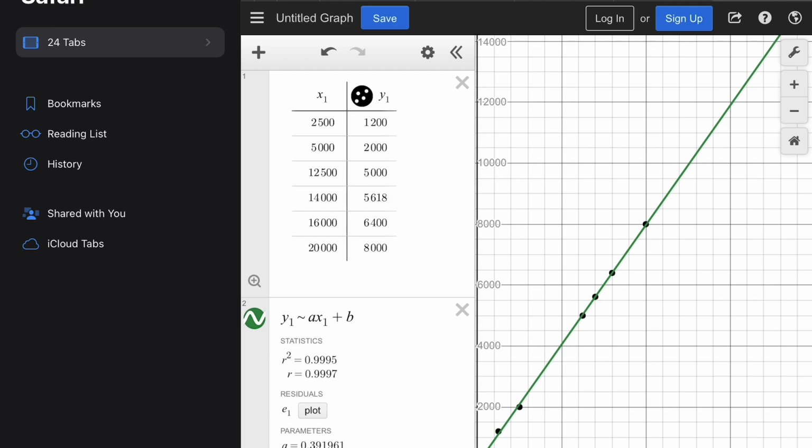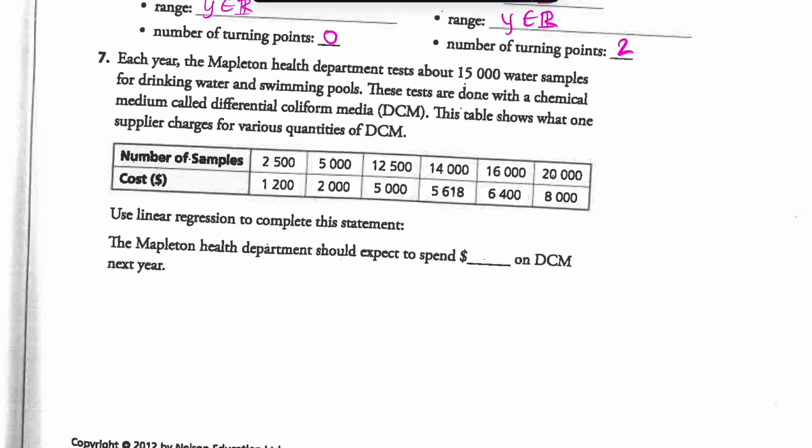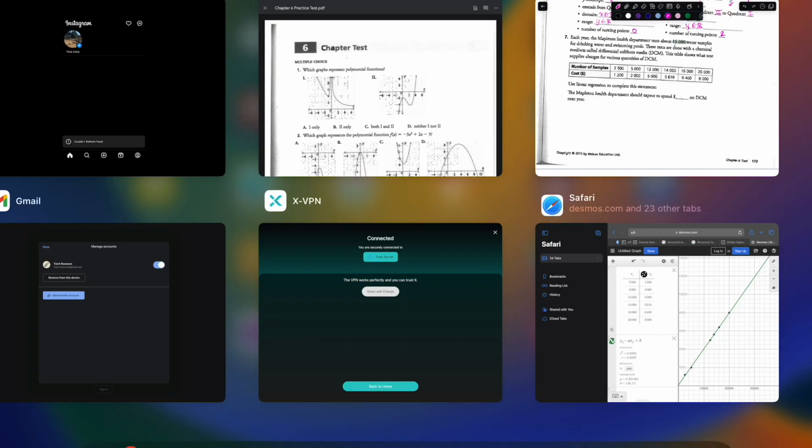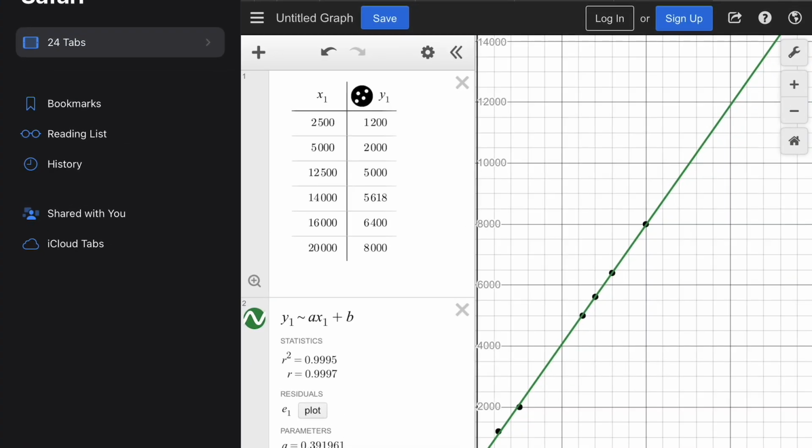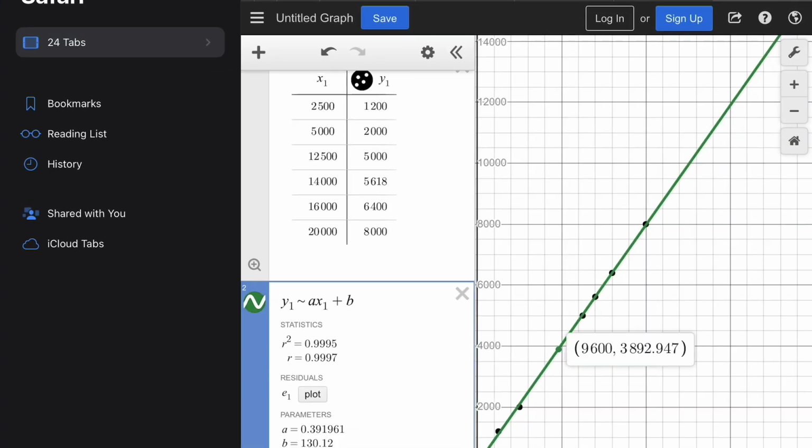I'll go back to this just so I can highlight what I was reading. I didn't read the question at first, classic mistake. It's saying the government tests 15,000 water samples, but here it jumps from 14 to 16,000. So there's no 15,000 point, so you can't see how much it costs for 15,000. It's easy as pie, you just have to come here, find 15,000, which again, just hold down, go through.